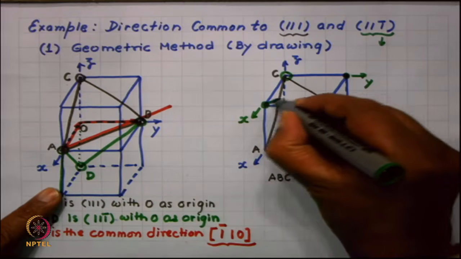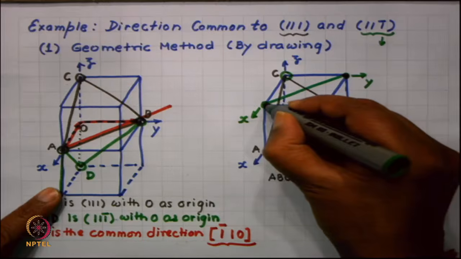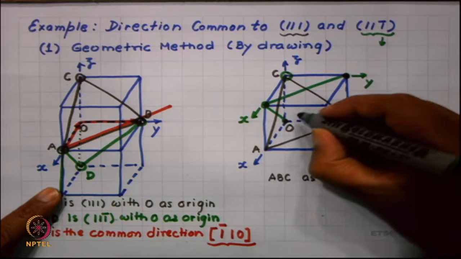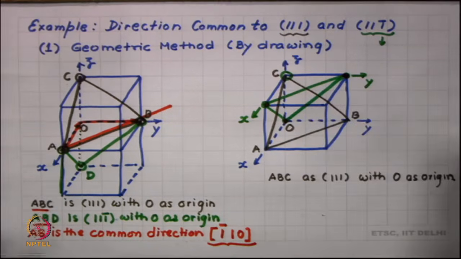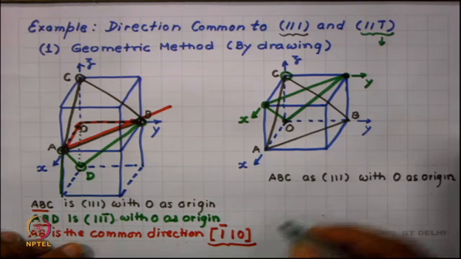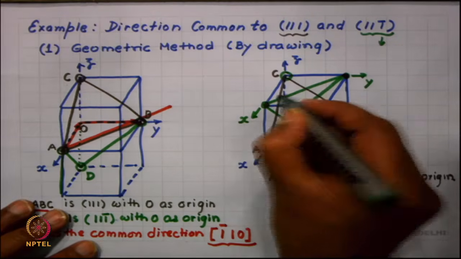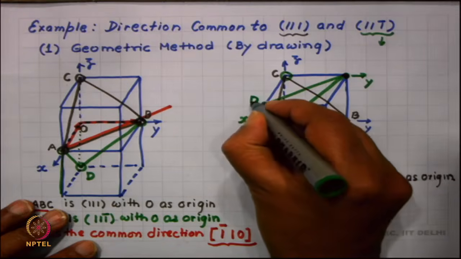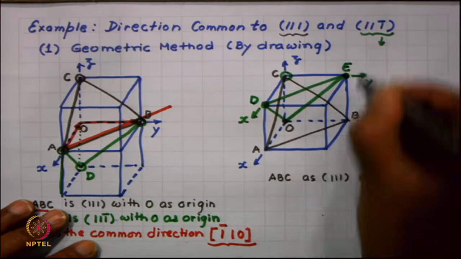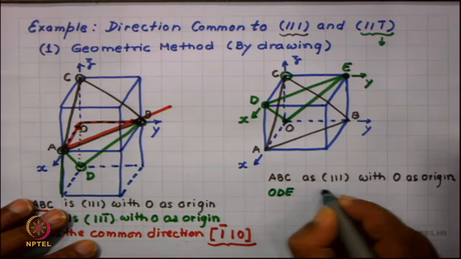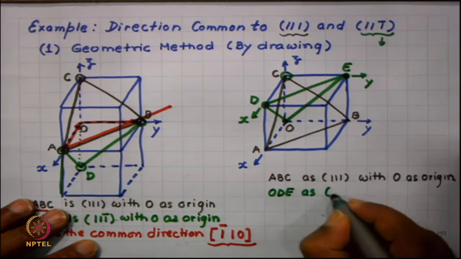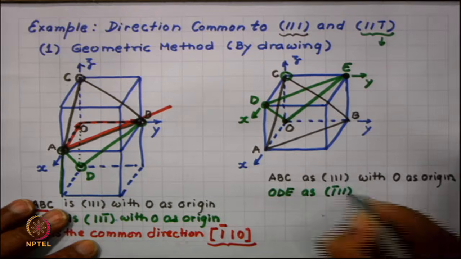So, now the new representation of the same 1 1 bar 1 plane in my drawing will be like this. So, let me call this now D and E. So, ODE I have drawn as bar 1 1 1.